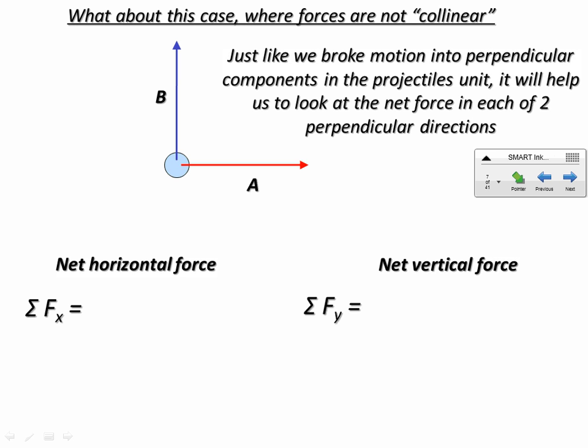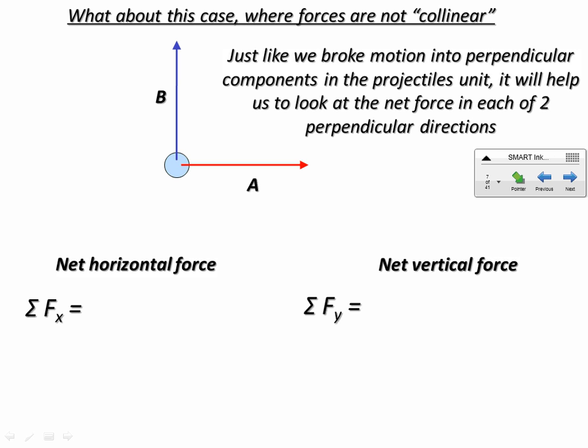Again, this is how you'll start every problem. You'll do a free body diagram, and you'll write these net force statements. Forces that act in the horizontal direction have nothing at all to do with forces that act in the vertical direction. So it's important that we're able to separate those things that happen in different directions, just like it was really important when we did projectiles.